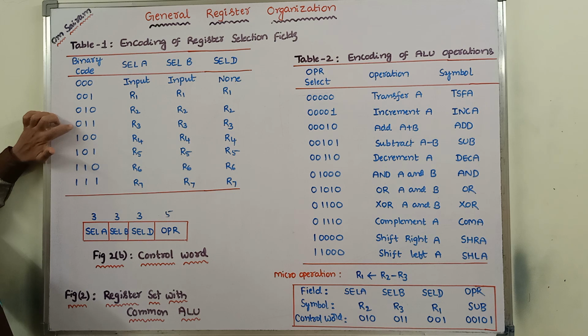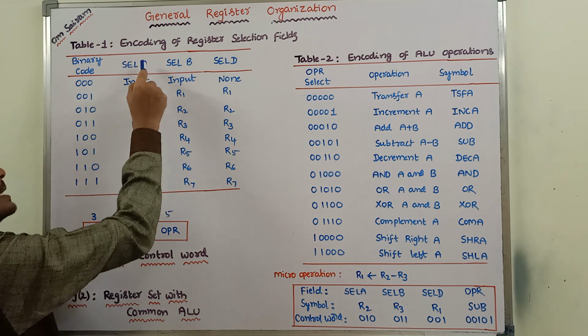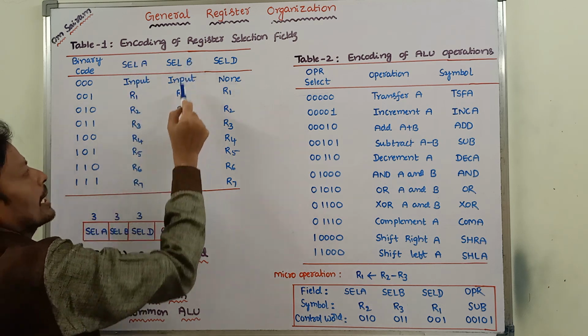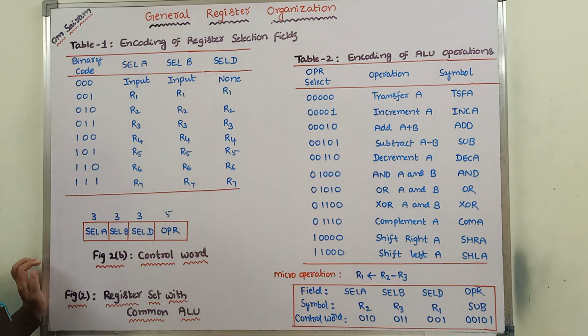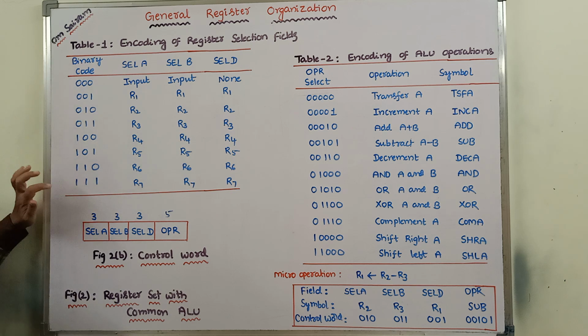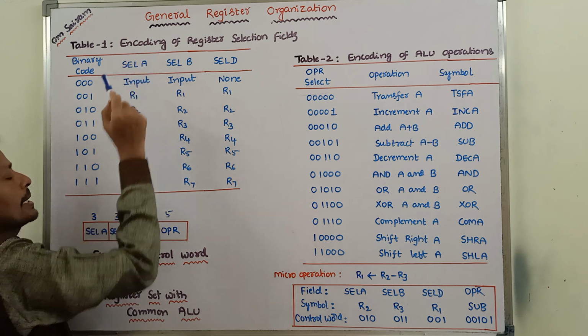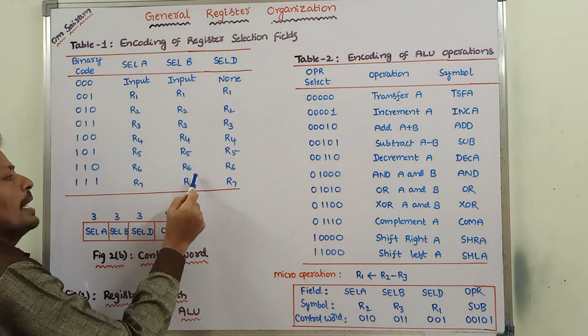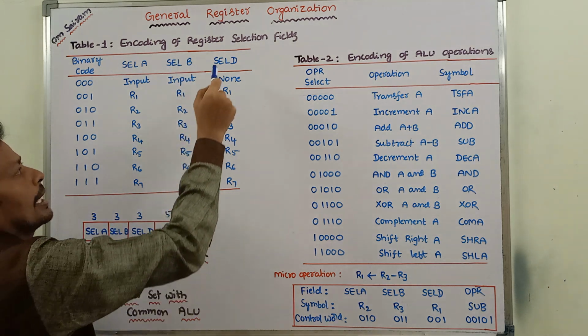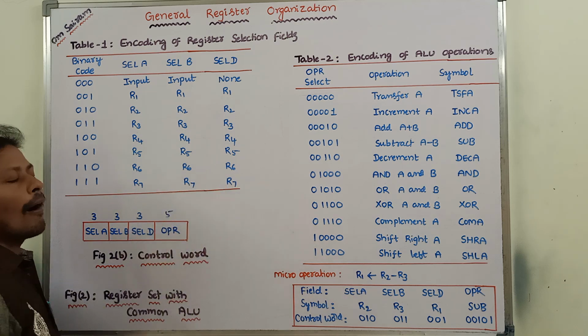Next, binary code is 011. The decimal equivalent value is 3, so SEL A selects the R3 register, SEL B selects the R3 register, SEL D selects the R3 register. In the same way, binary code is 111. The equivalent decimal value is 7, so SEL A selects register R7, SEL B selects register R7, SEL D selects register R7.